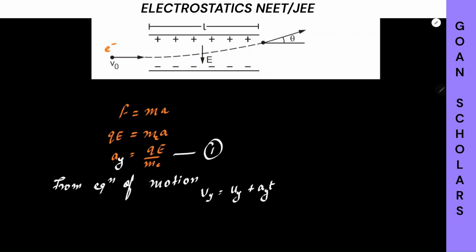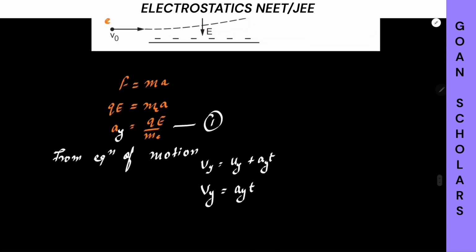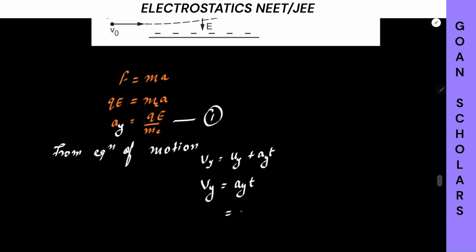What is our initial velocity along the y-axis? 0, right? Because the electron was projected along the x-axis, so there is no y component. So Vy equals Ay into T, and Ay we just found: charge of electron E upon mass of electron ME, into time T. That's our Vy, equation number 2.